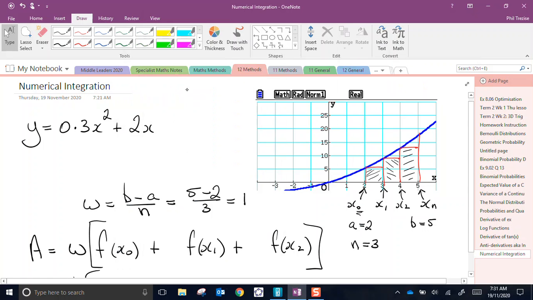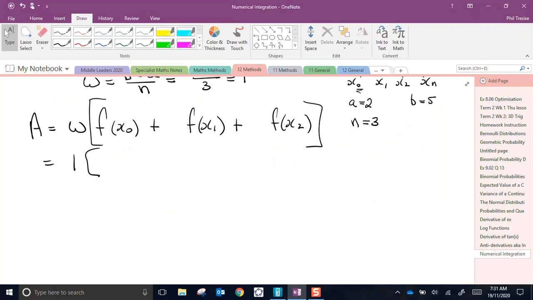So let's do that. I'll just read from my calculator screen. The height when x equaled 2 was 5.2. When x equaled 3, the y value was 8.7. When x equaled 4, the y value was 12.8.